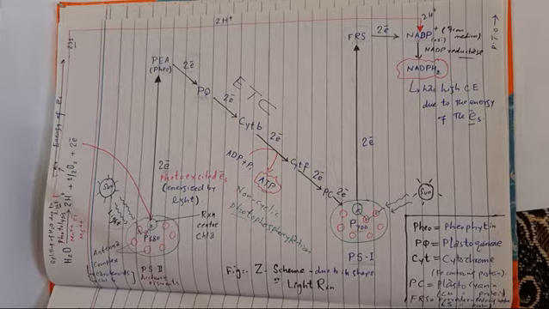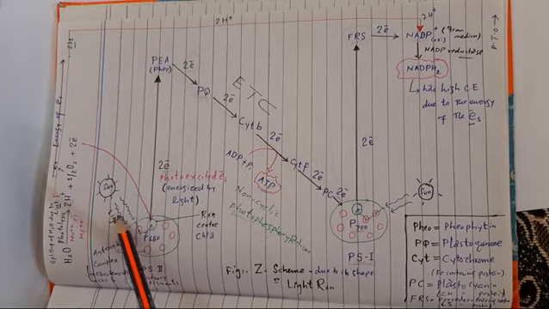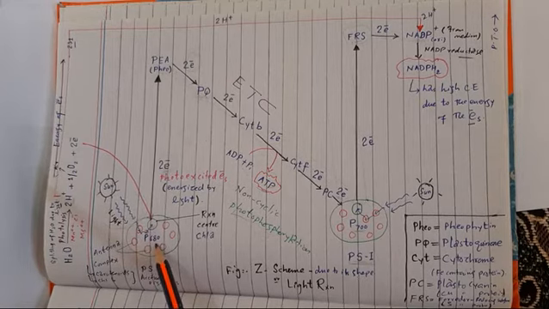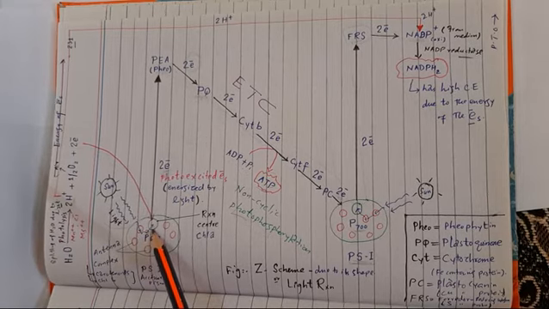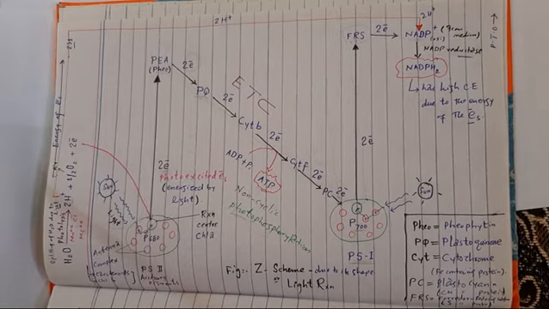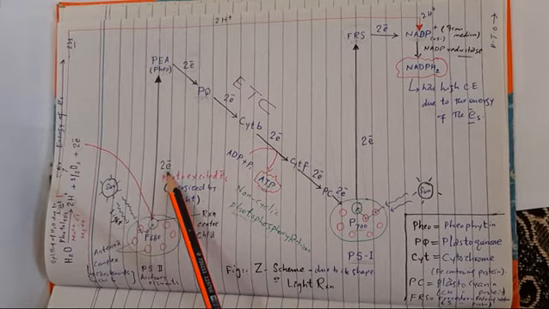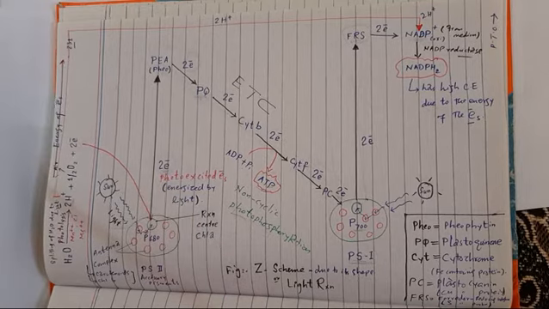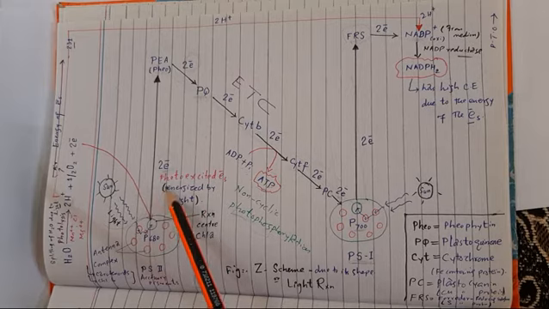The non-cyclic electron transport of light reaction. This reaction starts when the sunlight strikes the photosystem 2, P680. The energy is absorbed by the chlorophyll molecules, which lose 2 electrons and become positively charged with a deficiency of 2 electrons.